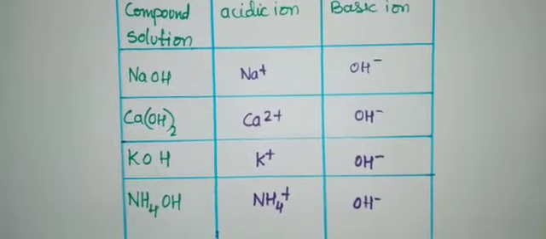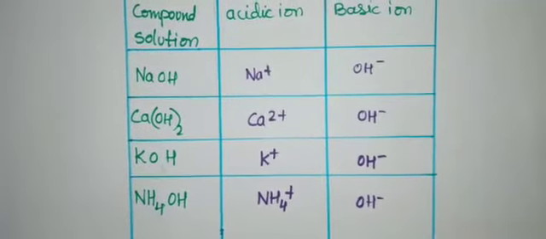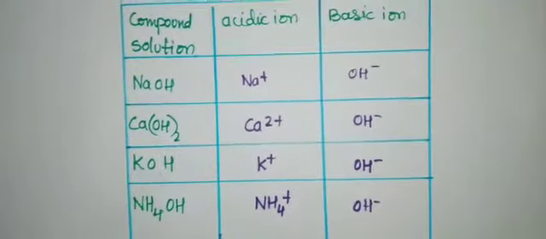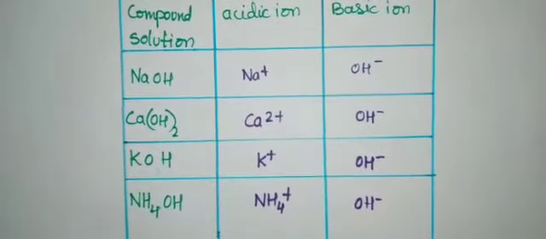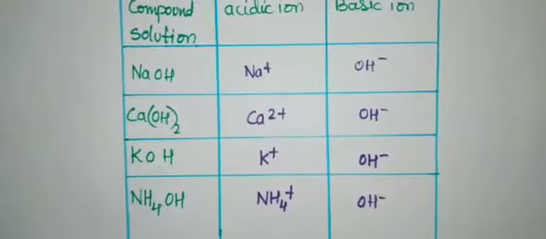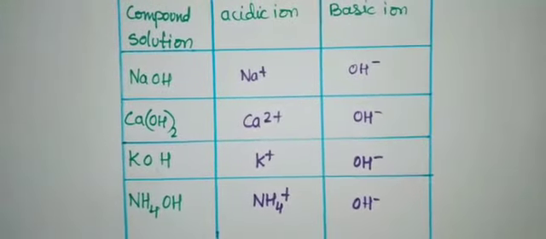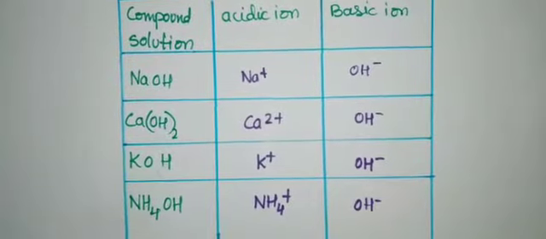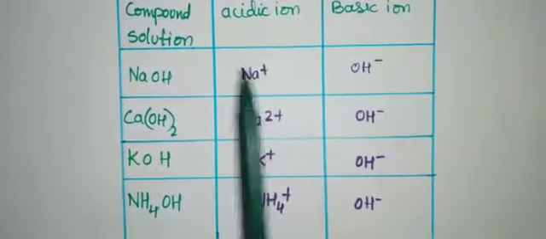So this is about what all acids and all bases have in common. Here we can conclude that all the acids have one common thing, that is H plus ions, and all the bases have one thing in common, that is OH minus ions. Acidic ions are cations and basic ions are anions.